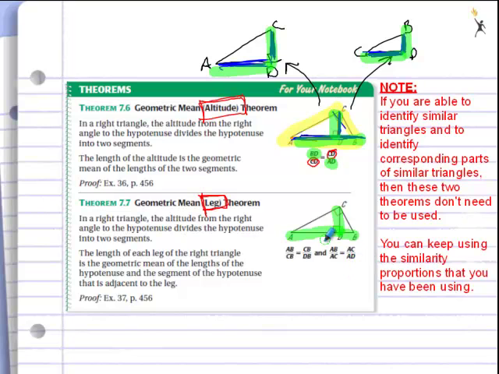Now what this is saying is that the length of each leg of the right triangle is the geometric mean of the lengths of the hypotenuse and the segment of the hypotenuse that is adjacent to the leg. And again, that is a whole lot of tough wordage for something that's moderately simple.